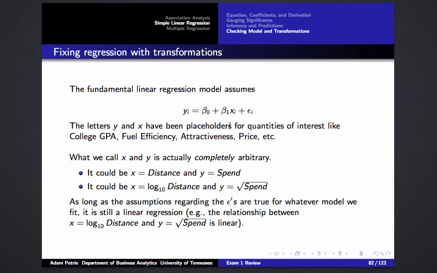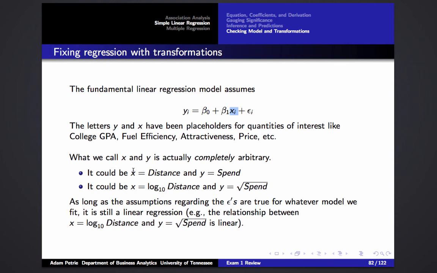What do we do when we do have violations and we can't use the simple linear regression model? Well, what we can do is approach the problem from a different angle. The regression model just says an individual's y value is beta 0 plus beta 1 times that x value plus a random disturbance. But there's nothing about the regression model that says that x and y have to be the quantities that we originally measured in the data set.